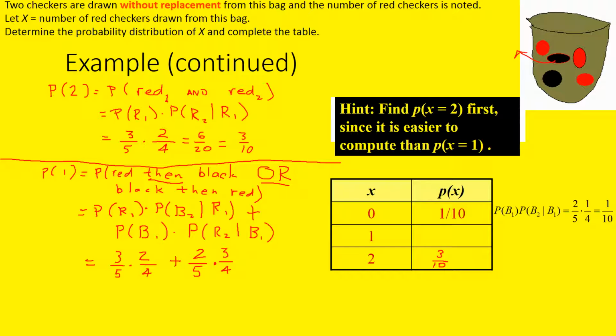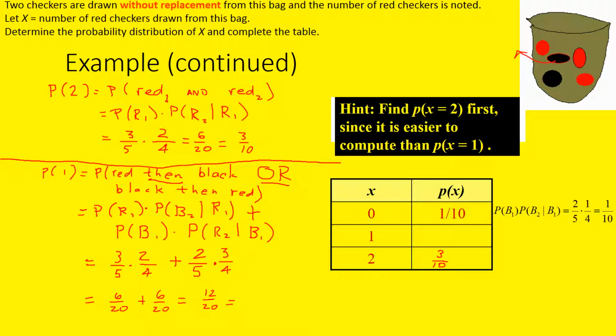Okay, so it is not 3/5. 6/20 is 3/10. Okay, 3/10 and 3/10.